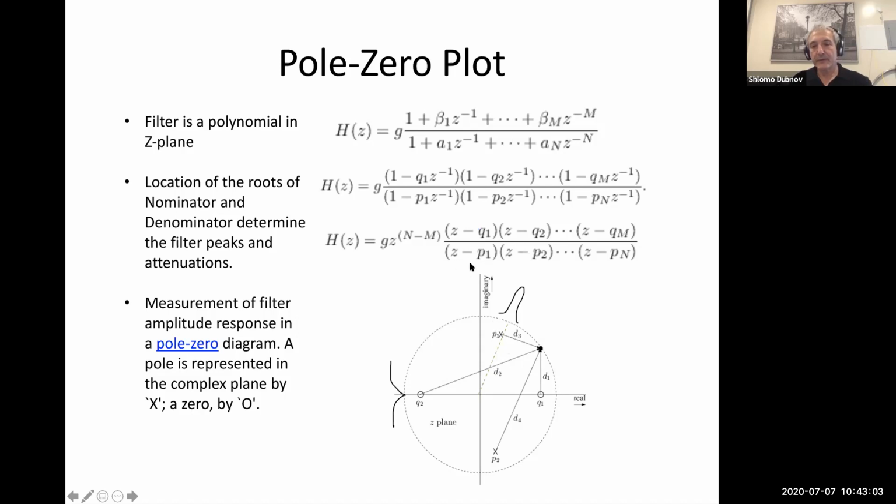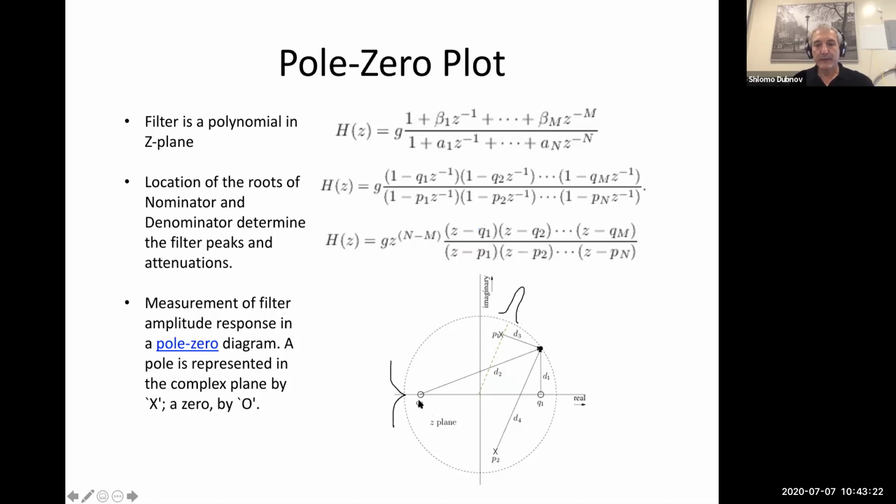The closer you are to the pole, the smaller the number you divide by, so you have a peak. So when you go along the frequency axis and land at a frequency closest to the pole, this is where the amplitude of the frequency response will give a peak.